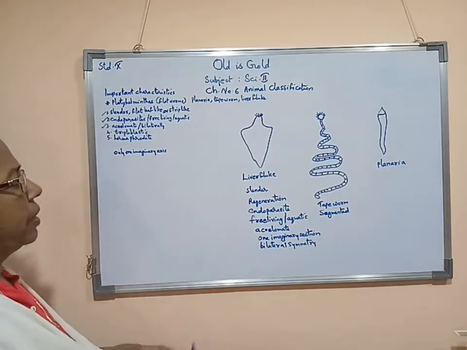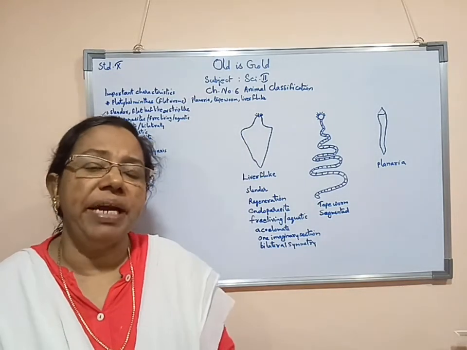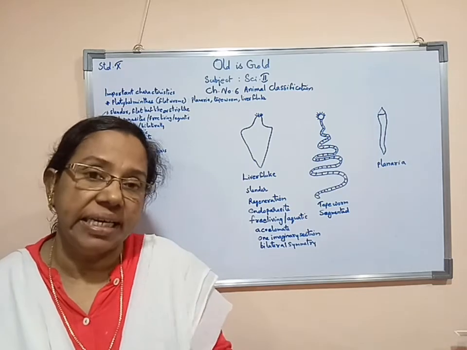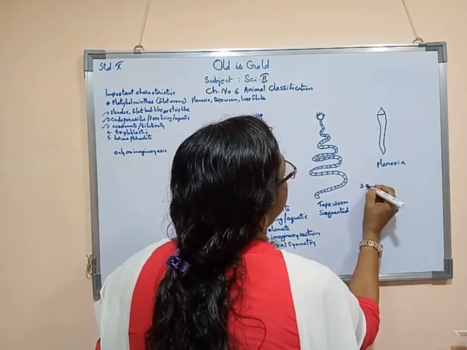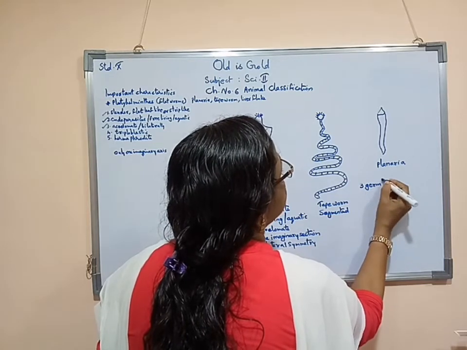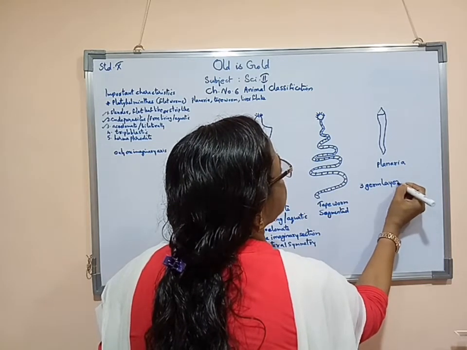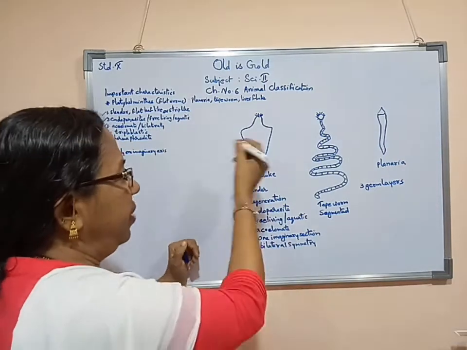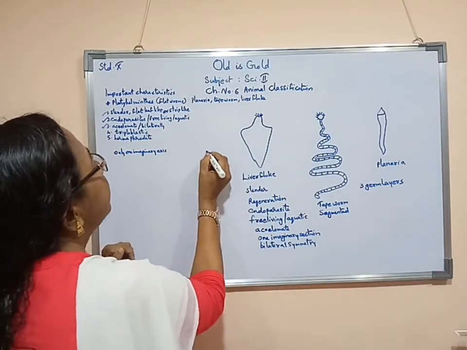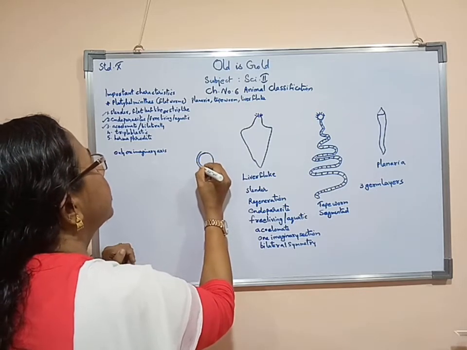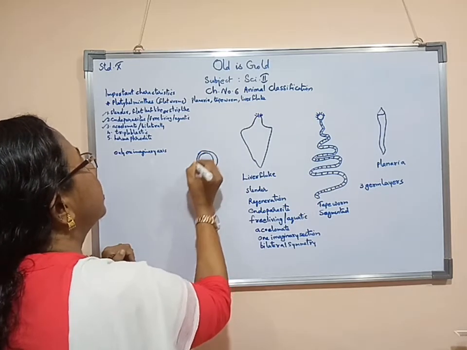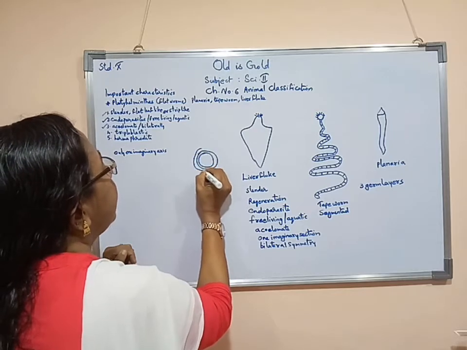Then another property: their body wall is made with the help of three layers, three germ layers. So we can say that their body has three germ layers. If we take a section, we will get three layers.